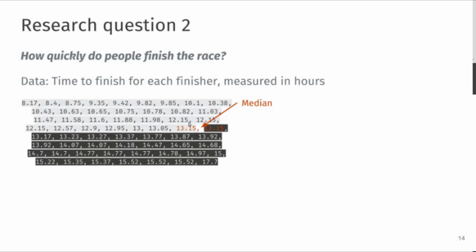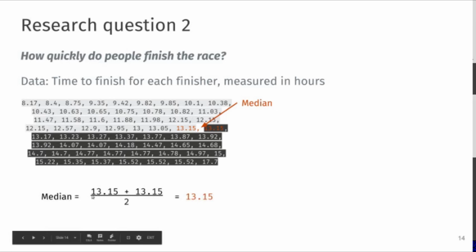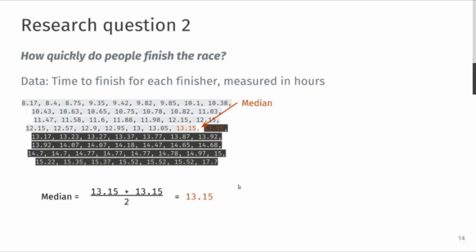Our measurement scale doesn't allow us to tell whether these two people actually finished at exactly the same time or just at very similar times. Nonetheless, 13.15 hours, so we can mechanically go through our computation, do 13.15 plus 13.15 divided by 2, and we get 13.15 out as our estimate of the median.